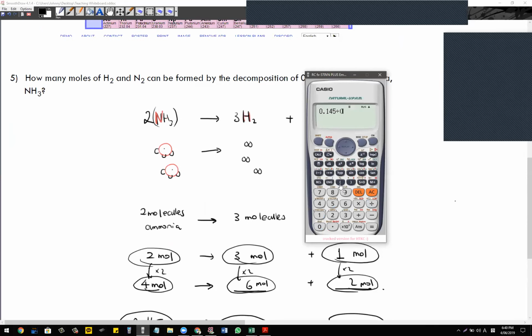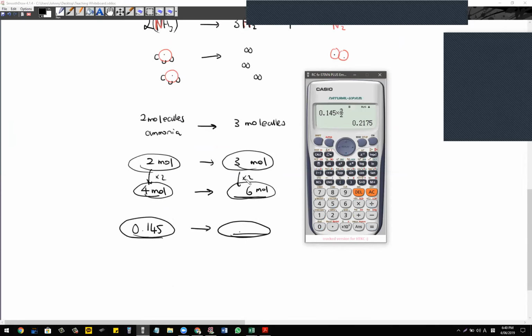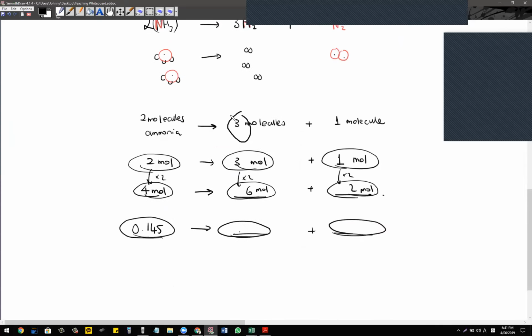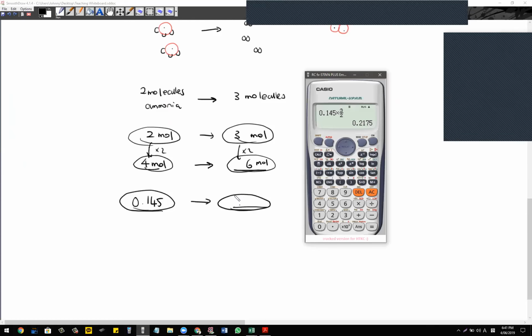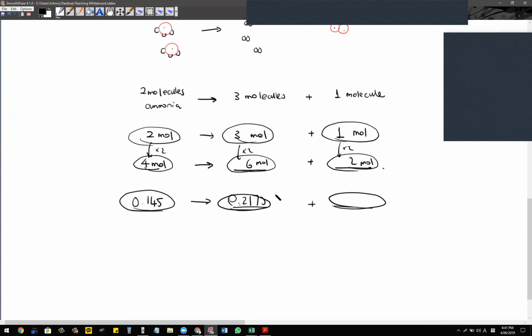So which means you times it by 3 on 2, okay? So that's timesing it by 1.5, you know? So you see how this one is 1.5 times this one? So that gives you 0.2175.